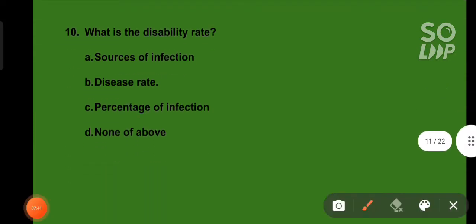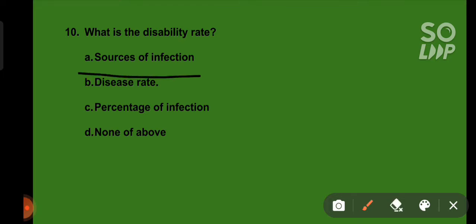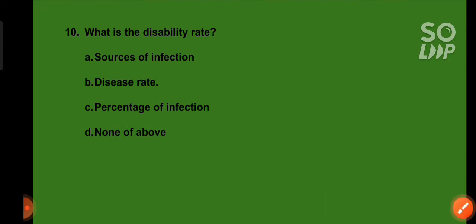The next question is: what is the disability rate? The options are option A source of infection, option B disease rate, option C percentage of infection, option D none of the above.